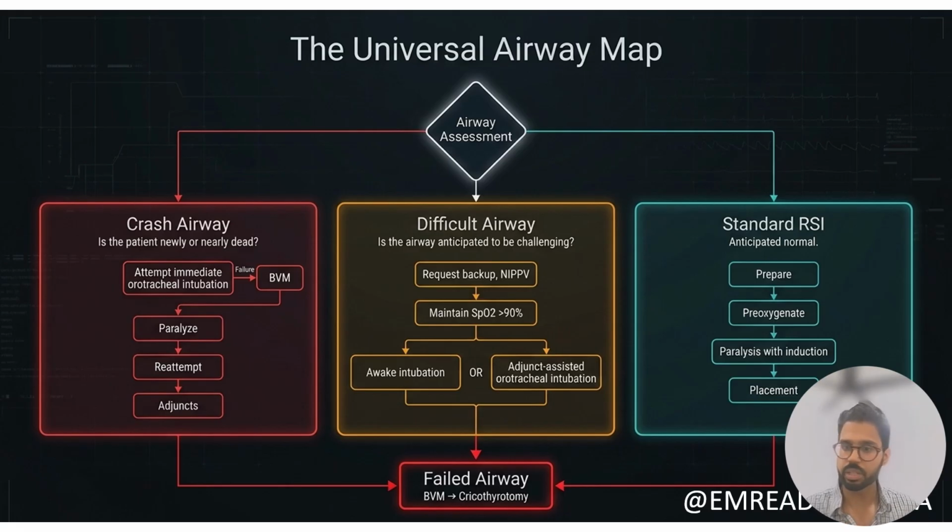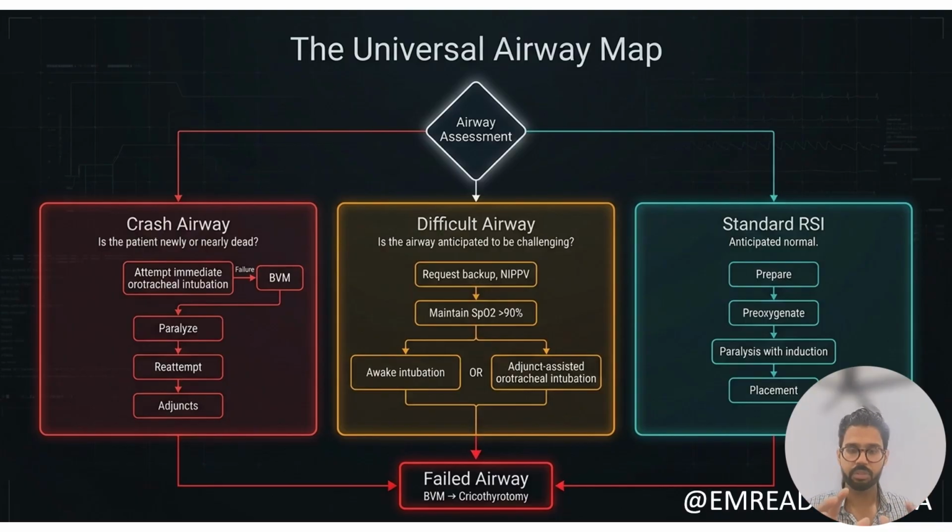The third category is your standard rapid sequence intubation. This is what we're all traditionally accustomed to. Here, first and foremost, we need to prepare and pre-oxygenate the patient. We need to paralyze with induction, and we need to ensure proper placement of our tube.